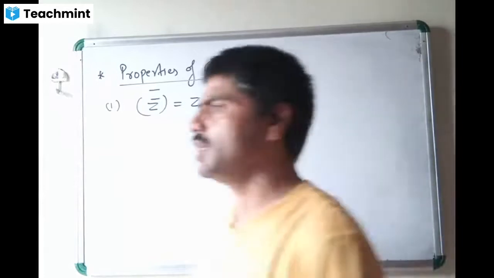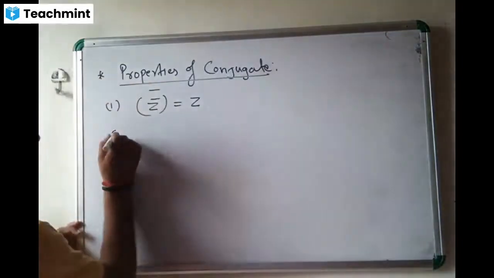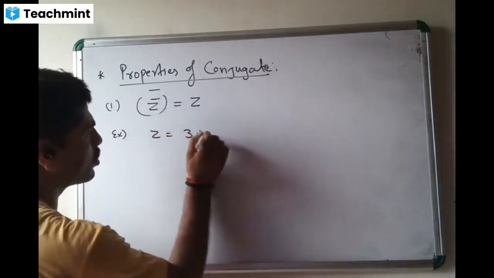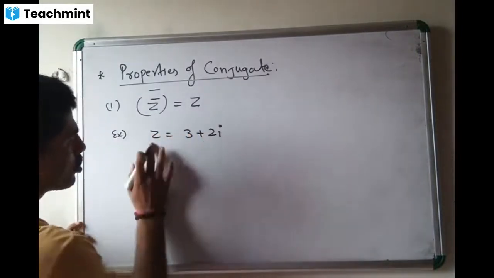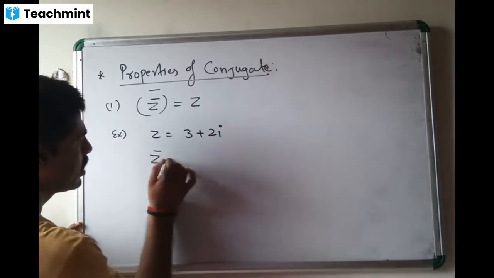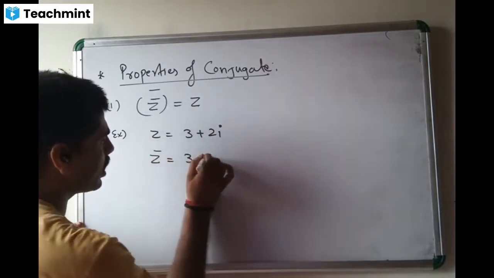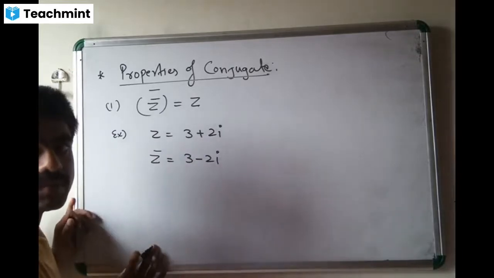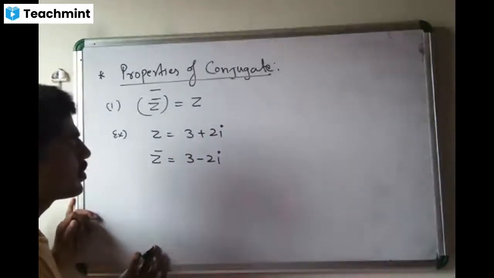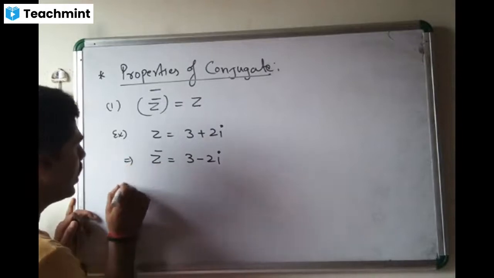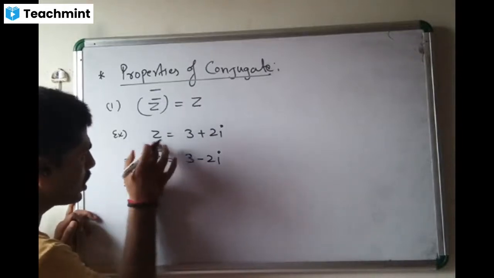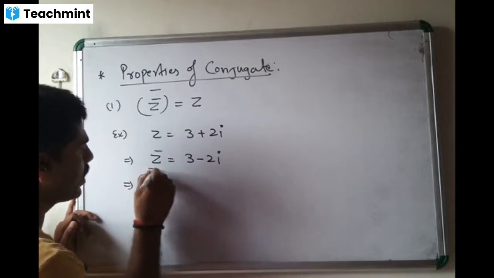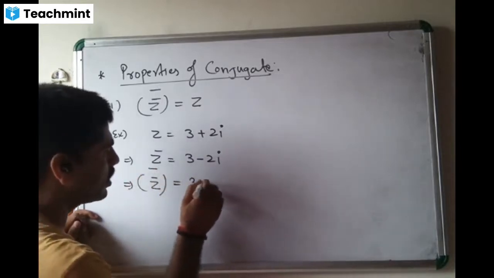Now see the example. Suppose that z is equal to 3 plus 2i. To find its conjugate, you will get 3 minus 2i. And to find the conjugate of this conjugate again, you get 3 plus 2i.